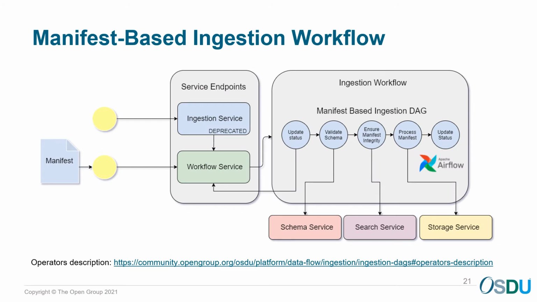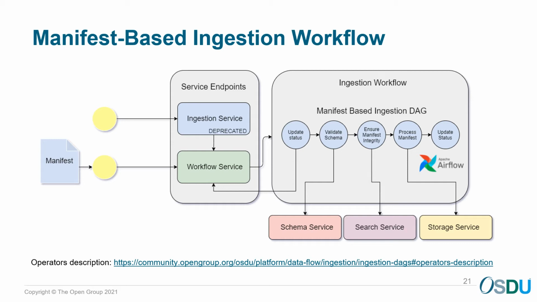This slide shows the manifest-based ingestion workflow tasks. The template for tasks is known as an operator in the Airflow context. Every operator is responsible for a process or validation of the manifest data. For instance, here we can see the update status operator updates the workflow status using the workflow API.